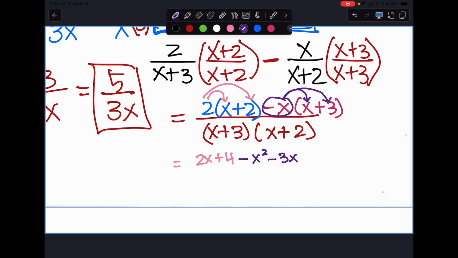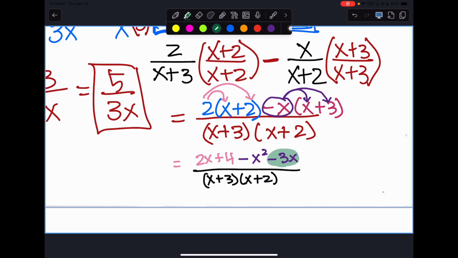Did I do my math right? I'm questioning myself now. All right, here we go. The quantity of x plus 3 times x plus 2 are in the denominator. Any terms I can combine in the numerator? So it looks like we can combine negative 3x and 2x and nothing else.